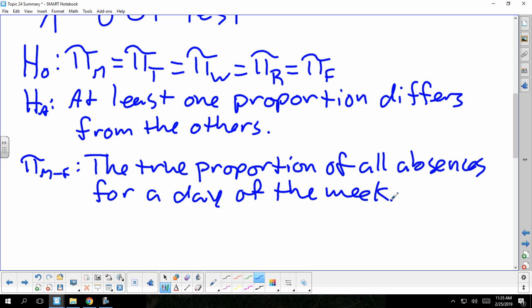So step 1 done. I don't have a significance level, so I'm going to choose a 5% significance level.